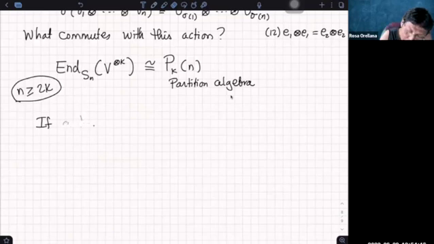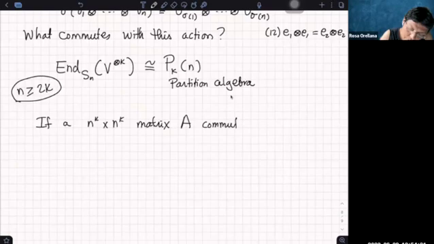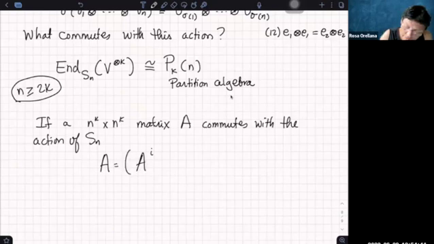If an n by k by n by k matrix A commutes with the action of Sn, it is going to be a matrix that looks like this. It has many indices for the tensors.